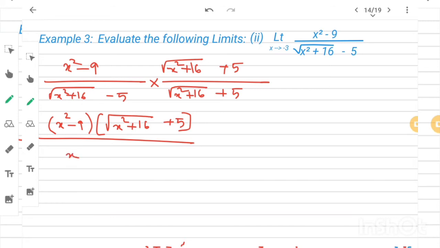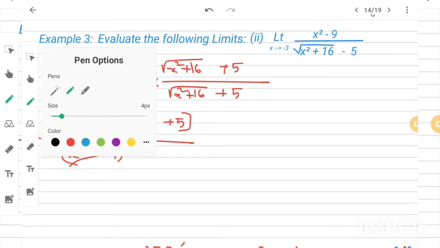I'm going to write directly, that is x square plus 16 minus 5 square. 5 square is what? 25. Then 16 minus 25 becomes what? Minus 9. This x square minus 9 and x square minus 9 will get cancelled. You will get root of x square plus 16 plus 5.